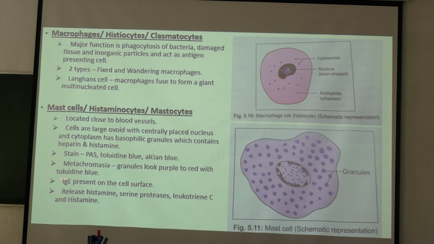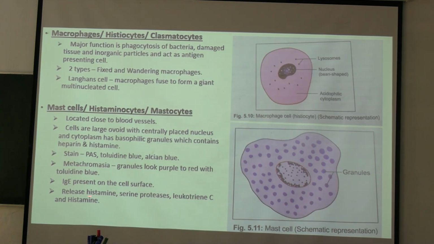What stain can be done? Periodic acid Schiff stain, toluidine blue and Alcian blue. These are the staining methods used to visualize the granules. Metachromasia is seen in the granules. Granules look purple to red with toluidine blue staining.